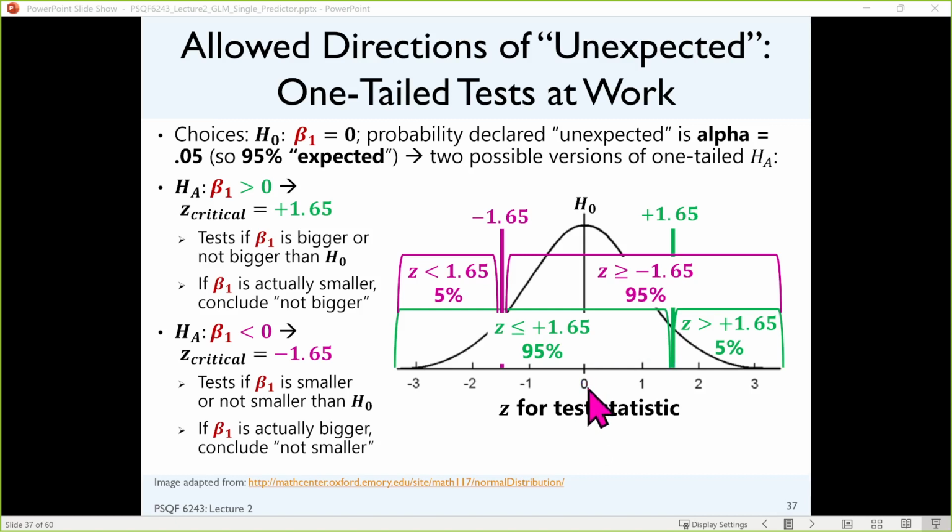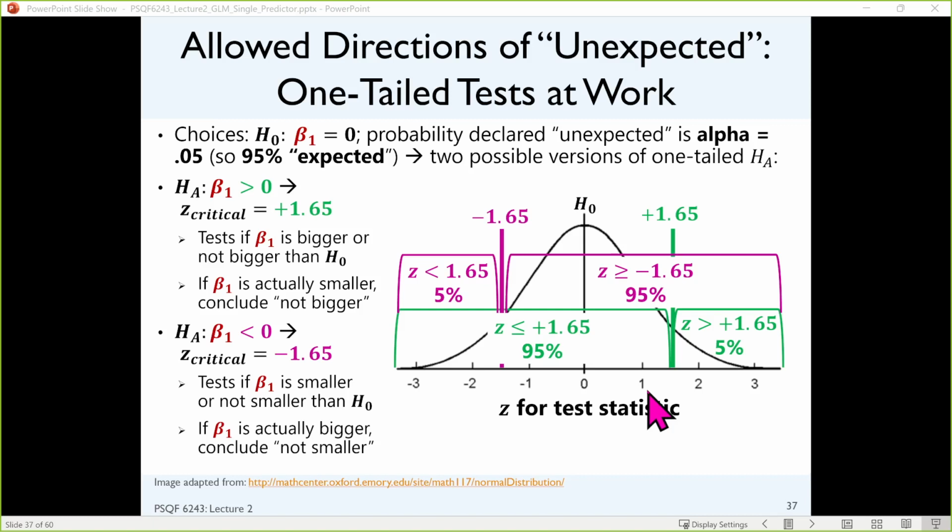So in this case, the middle is 0 because that's what the null is. But if I had a hypothesis, say that the slope was 5, right, then the middle would be 5. And the x-axis tells me how many standard deviations away from the null my slope is, in which the standard deviation is the slope's standard error.